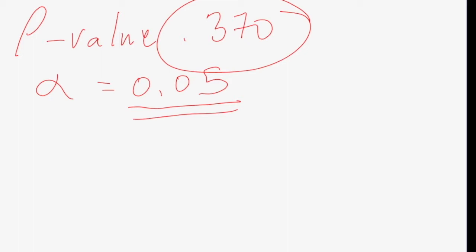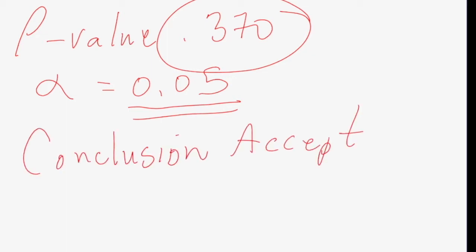So the chance of reproducing it this time is 37%. So our conclusion is that we will accept the null. And we can accept the null because our 0.370 was inside the area that we showed, or we can accept it because once the p-value is greater than alpha, we're going to accept.